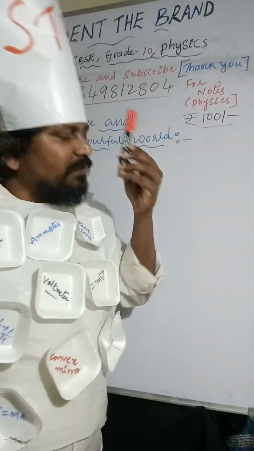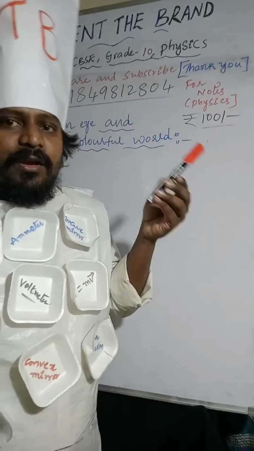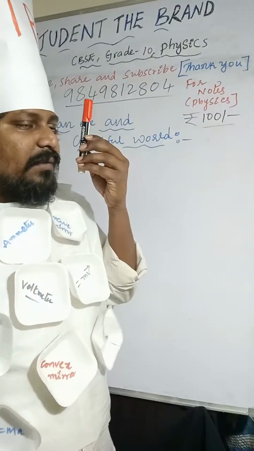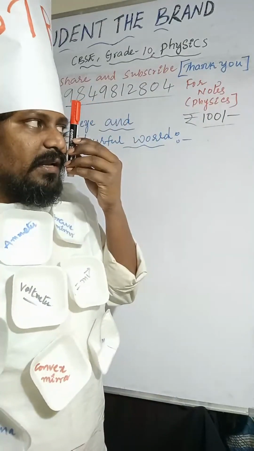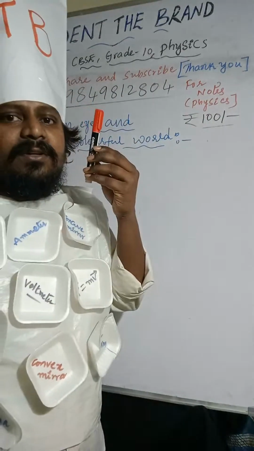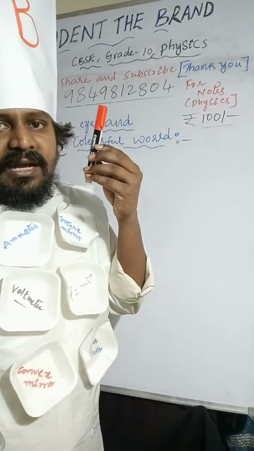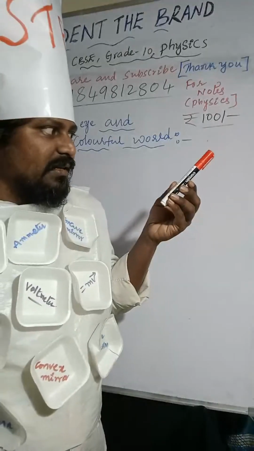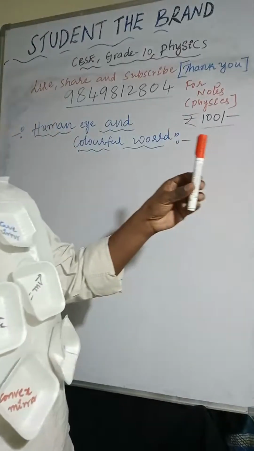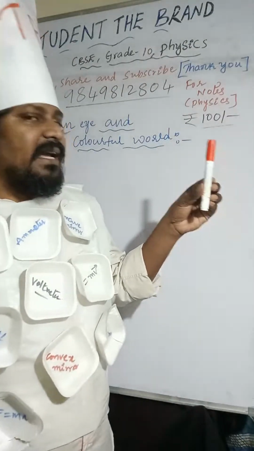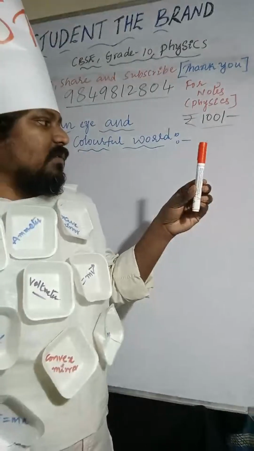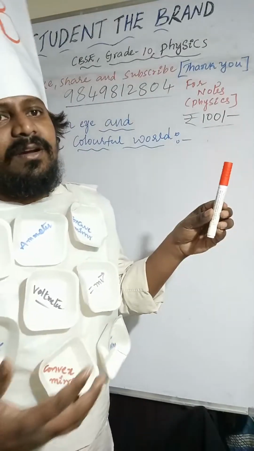If I place an object very close, below 25 centimeter, I can't see it, and my eyes will get strained after some time. If I place it at a certain distance, I can see comfortably, and I can observe that object for a long time also.